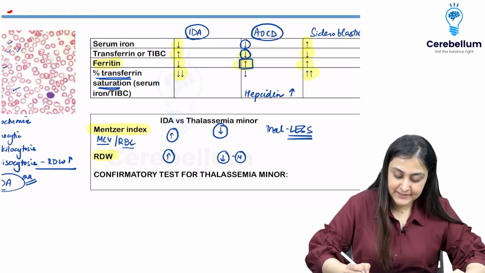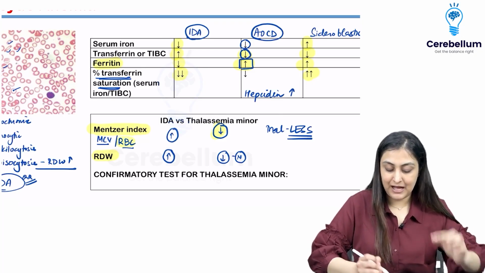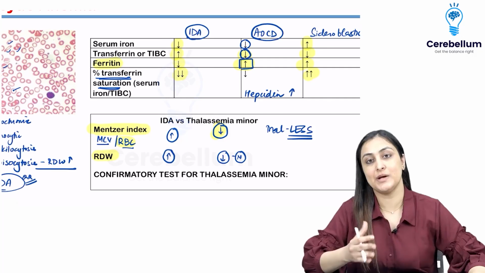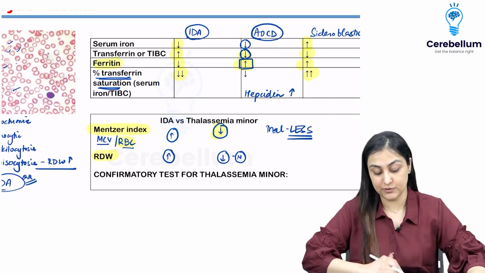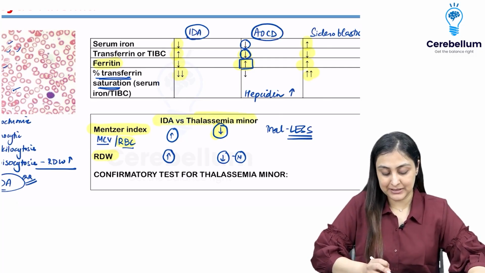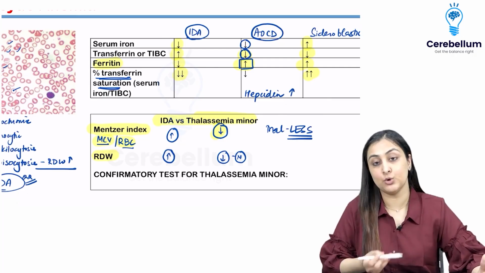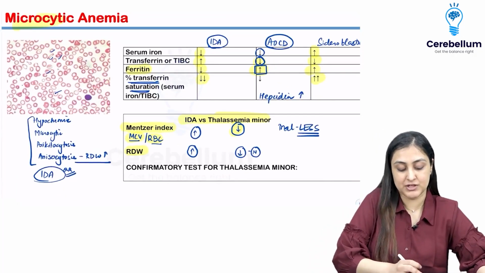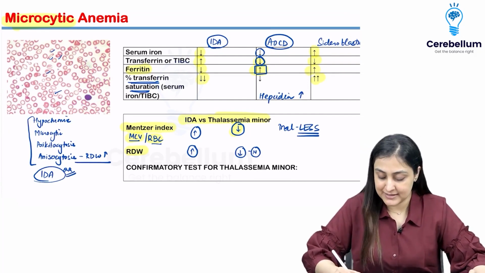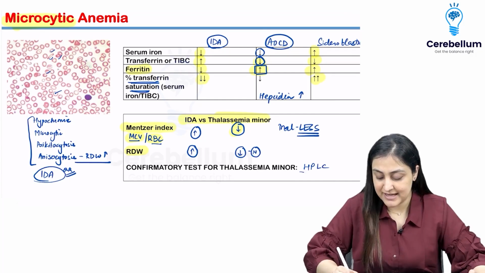Right. Why that is because in thalassemia you have RBC count which increases. Alright, there is a slight increase in RBC, and because the denominator is increasing, overall it reduces. Okay, so this is about IDA versus Thal minor, because both of them are going to have a low MCV, both of them are microcytic anemia, and that's why we are trying to distinguish. But the confirmation for all thalassemia, remember always, is HPLC, right?